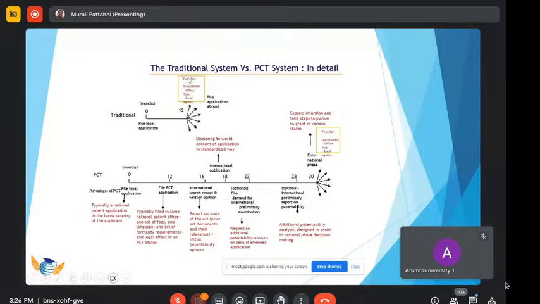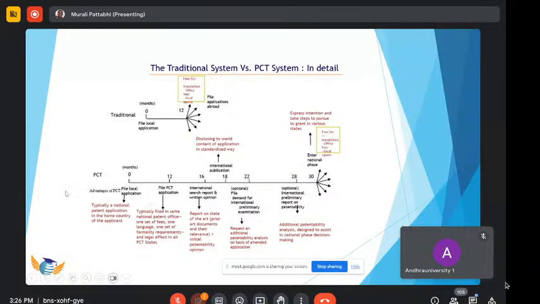Naturally, you will have additional fees, local agents' fees, and government fees of each country, all within these 12 months, and you need to decide which country you want to go to. But here, the advantage is that you have a minimum of 30 months. For some countries, you even have 31 months.